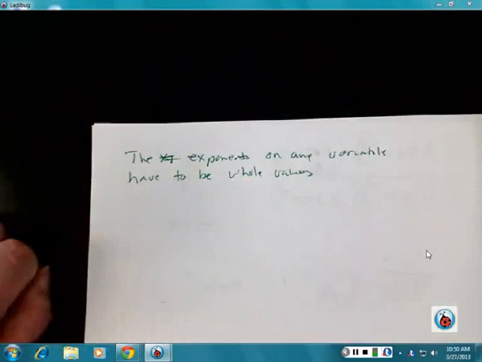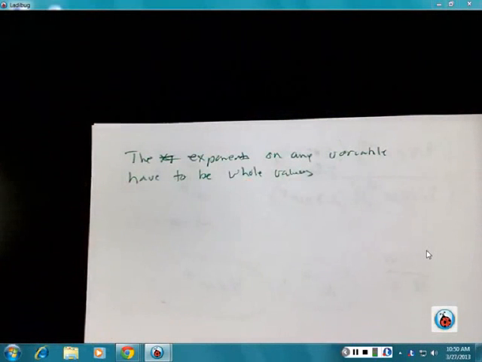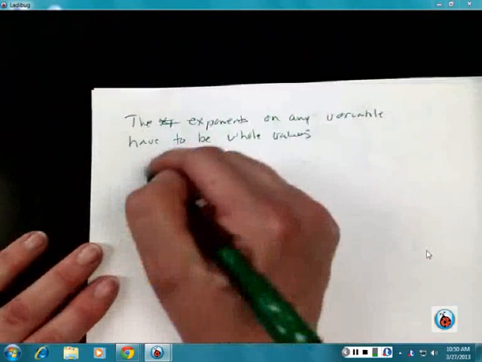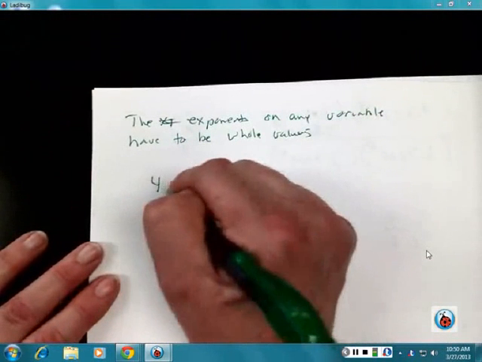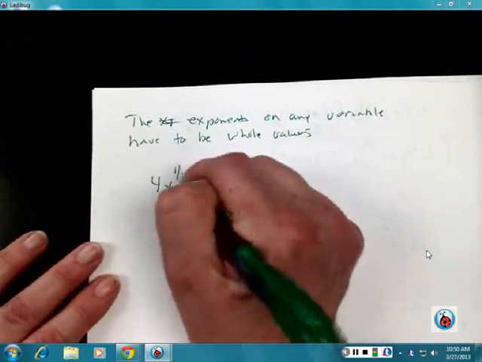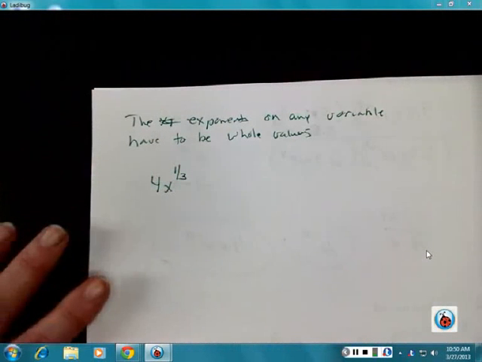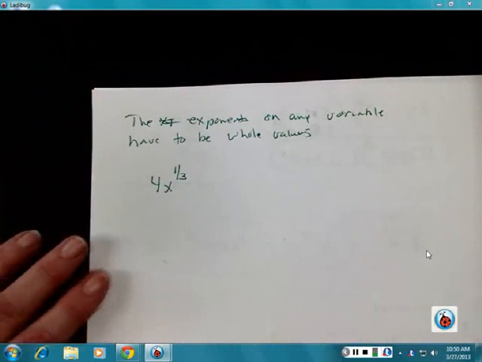Whole values meaning whole numbers, meaning I can pick 1 all the way up to infinity, but they have to be whole values. So if you were ever given 4x to the 1/3, for polynomials, they have to be whole values.